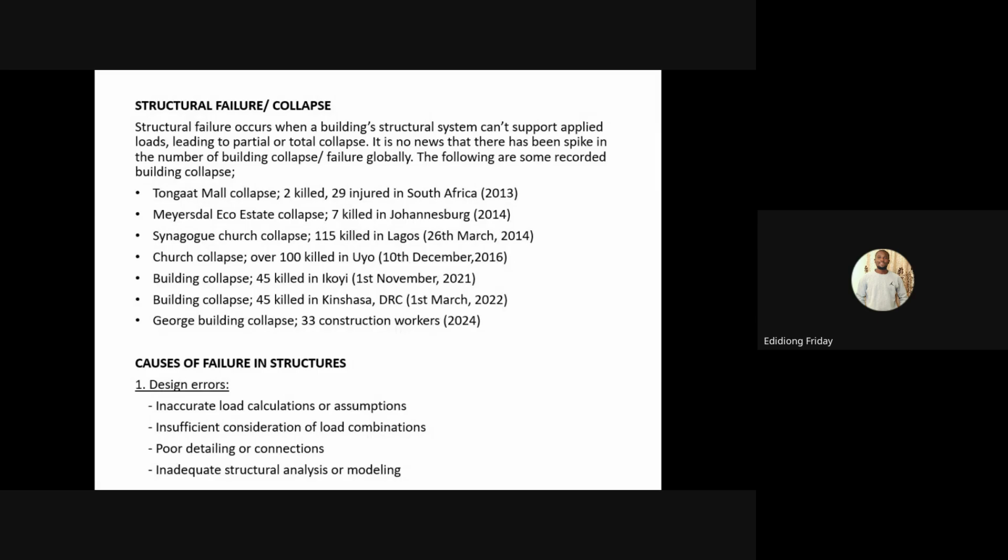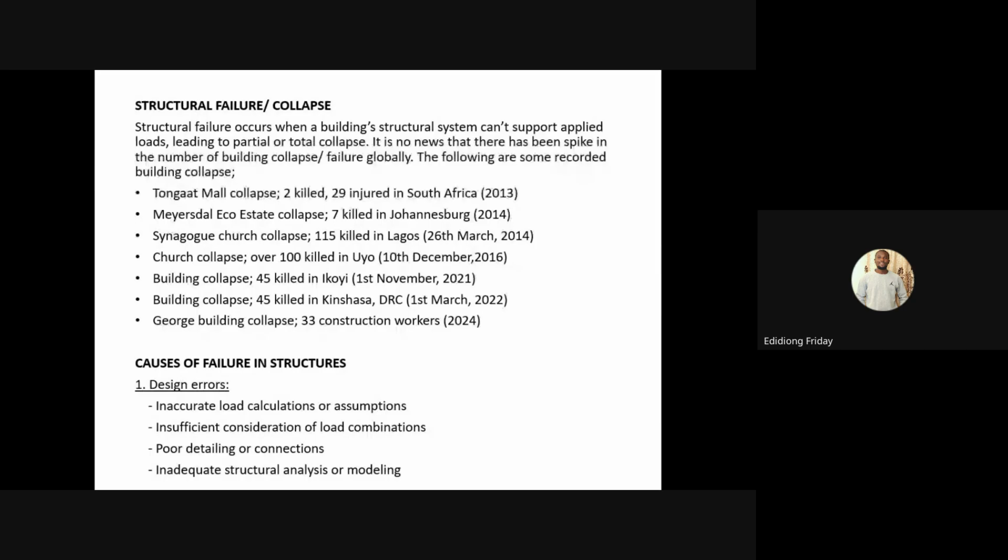The church collapse in Uyo, Akwa Ibom State, in 2016. 100 were killed. Building collapse in Ikoyi, Lagos. 45 were killed. Building collapse in Kinshasa in the Democratic Republic of Congo in 2022. George building collapse, I think this is in South Africa also.